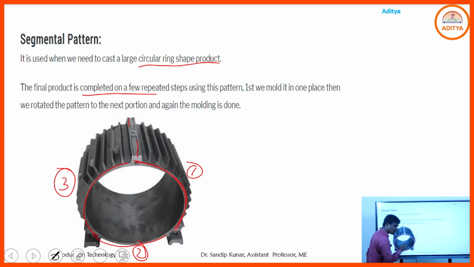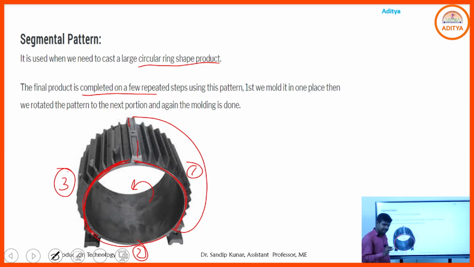After producing the pattern, we keep it in the molding sand box, and that shape is produced in the molding box. Then there is a rotating spindle. We rotate the spindle, and it comes to the next portion, and the cavity of that shape is produced again.